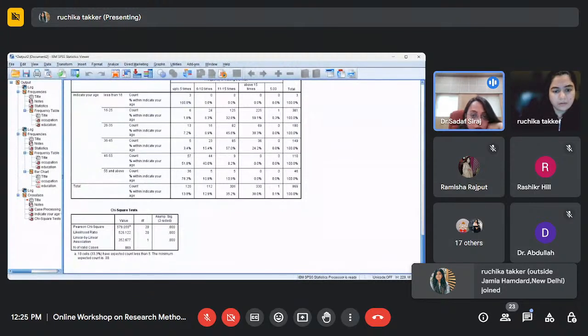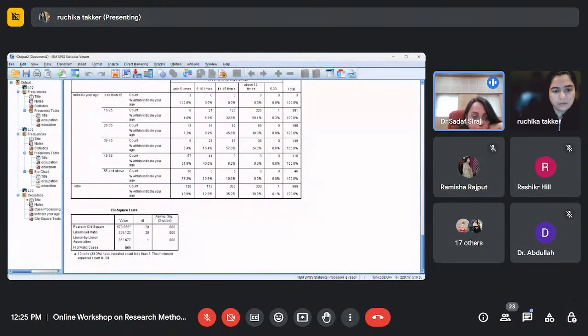Fair enough. So first you did a cross tabulation and then you did a chi-square test. What was the null hypothesis here? What is the independent variable here?